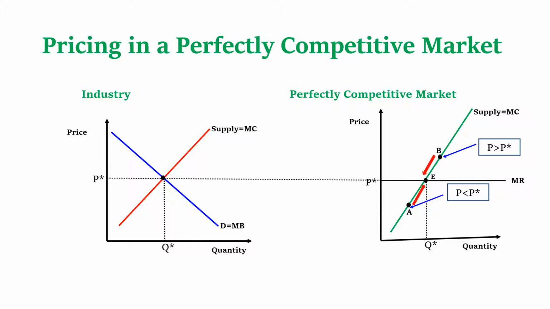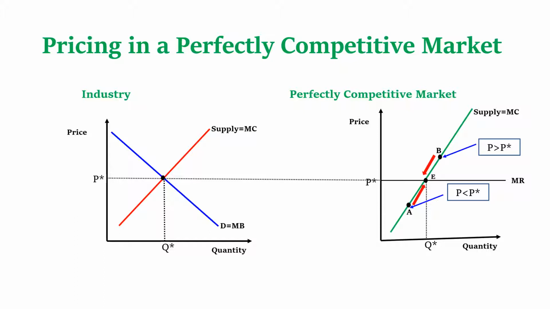So that's why the farm that charges a higher price above the equilibrium price is going to lose a lot of sales. As this occurs, the drop in sales will move this arrow from point B to point E.